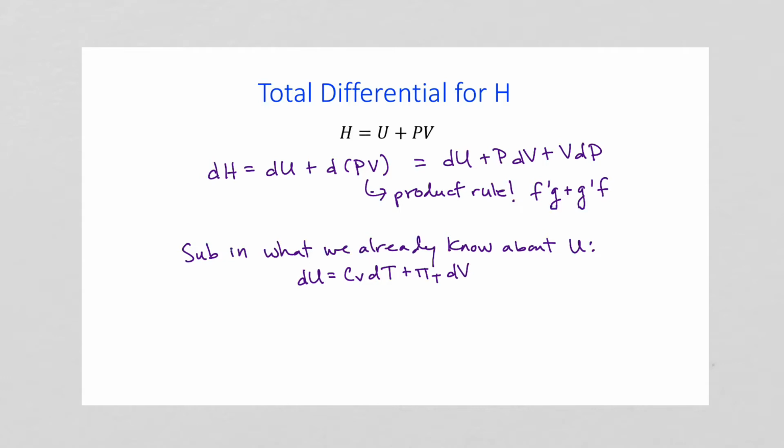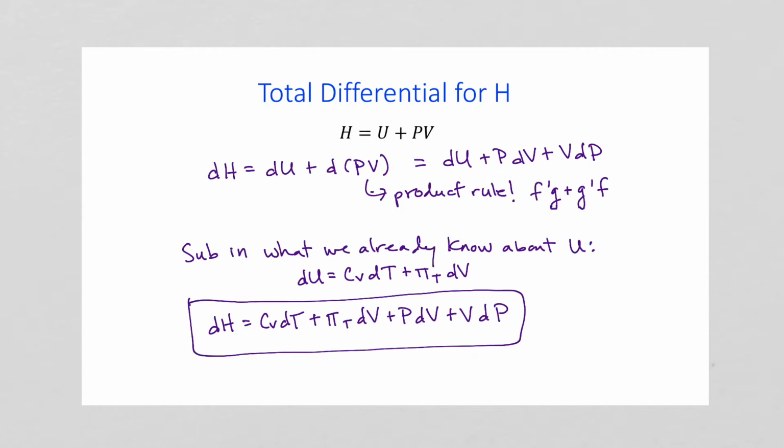And then we can just plug that in to our equation up above, and we end up with CV dT plus pi T dV plus P dV plus V dP. Okay, so this is our general form of the total differential for enthalpy.